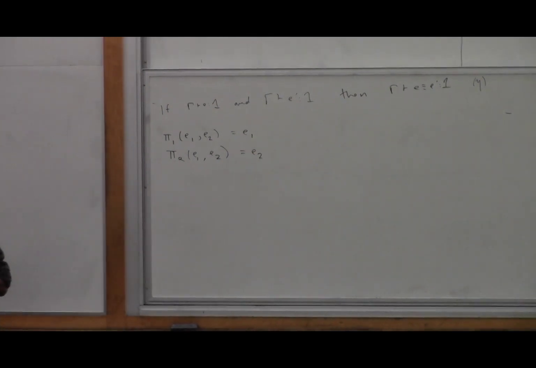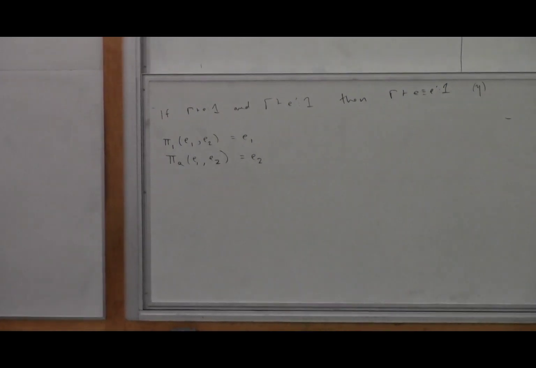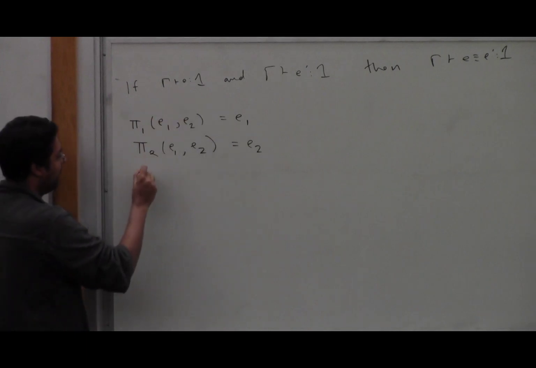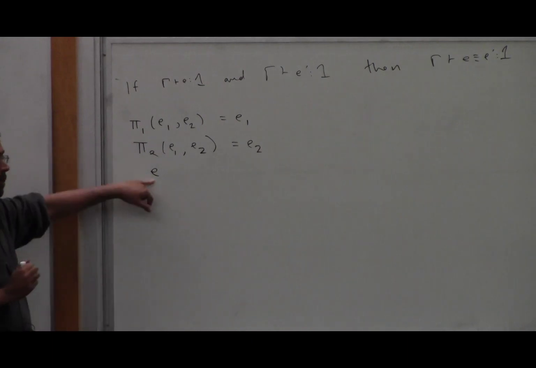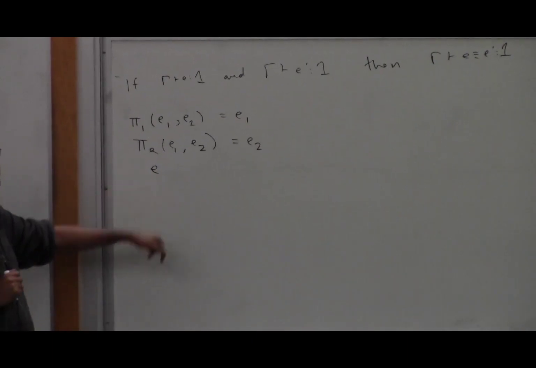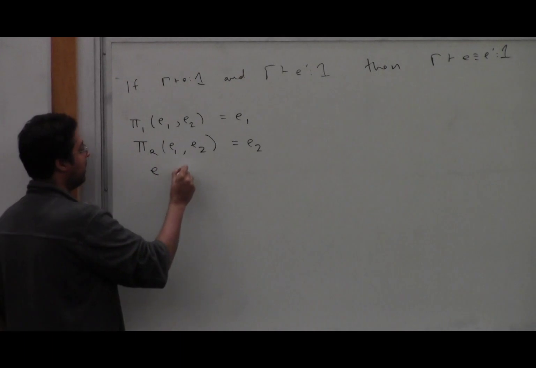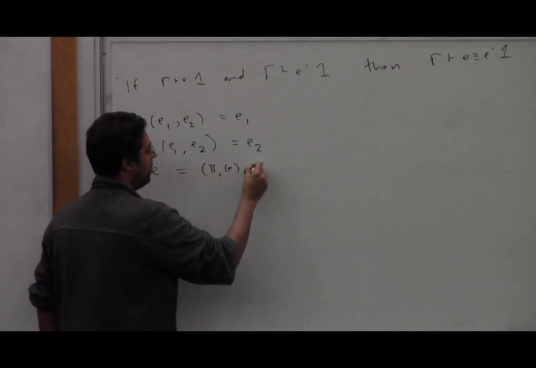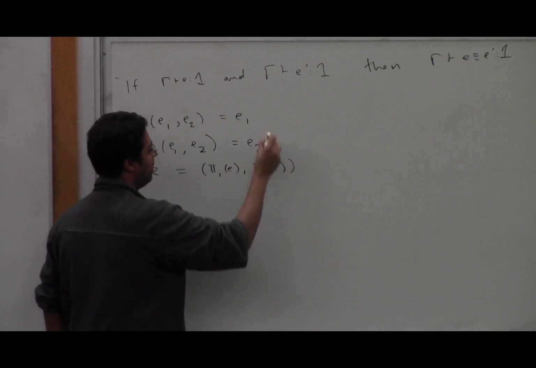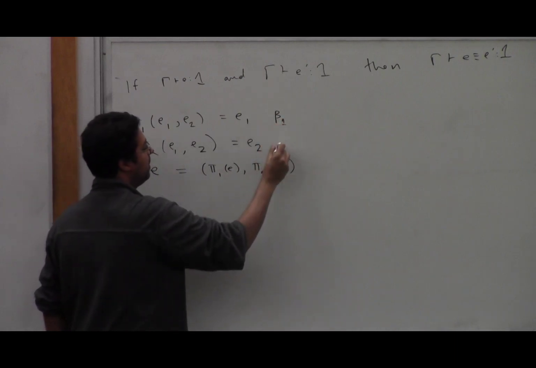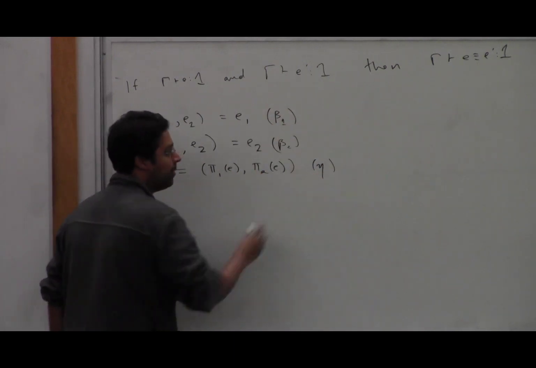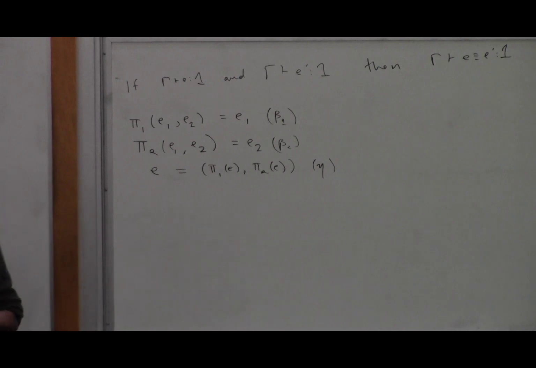There's no way for a program to distinguish these two programs. Likewise, we also know that at a pair type, an arbitrary term E of pair type is going to be equal to the pair (pi 1 of E, pi 2 of E). So these are beta 1, beta 2, and this is the eta rule for pairs.